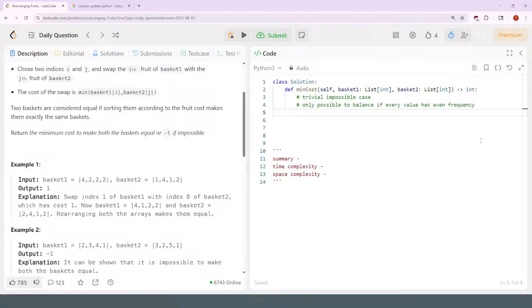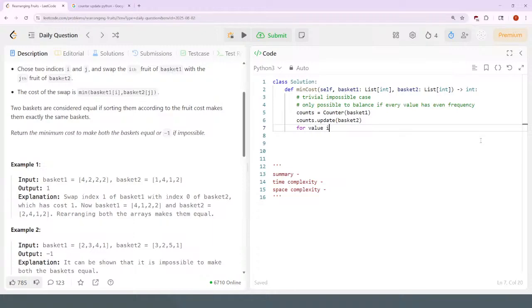So let's say counts is equal to the counter made from basket1. I could also have just made a new array that includes both. Counts.update(basket2).